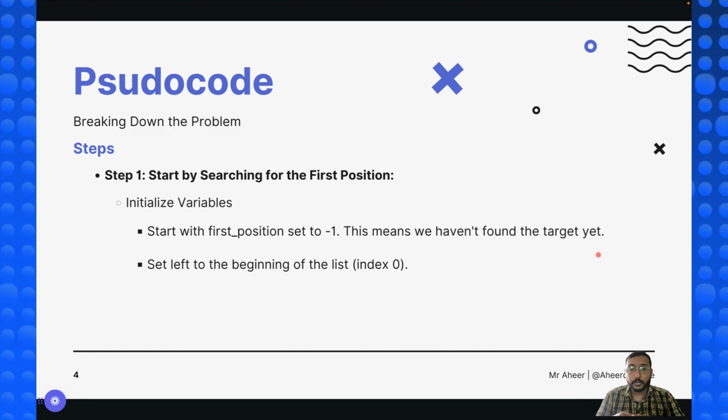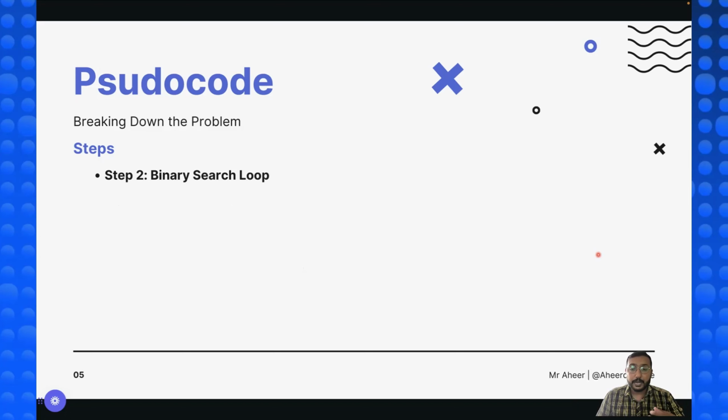Then a left variable, to keep track of index 0 of the array, and then the last position of the array, the ending point, which we'll consider as the right. Then we keep repeating the loop from the binary search operation and find the mid position. If we find it in the left half, we remember it, or if we find it in the right half, we remember it and update our occurrence.